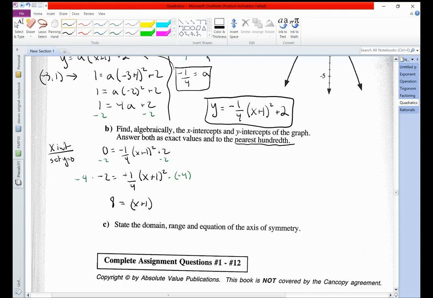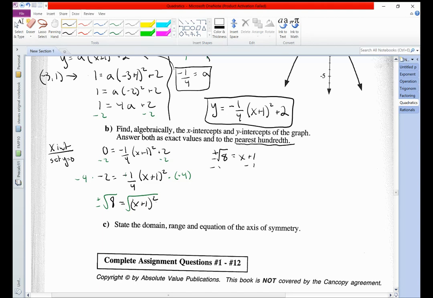This is that weird part that people are going to really not like, but all you're doing is taking the square root of both sides to get rid of that exponent 2. And when you do that, this needs to be a plus or a minus. So now we are going to get plus or minus root 8 is equal to x plus 1.